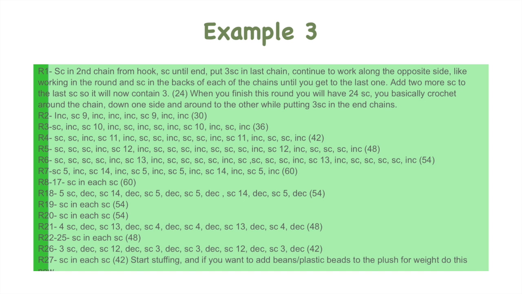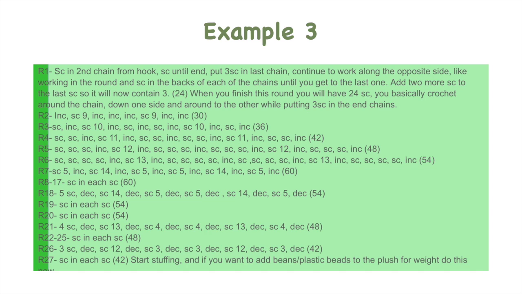This third example is a pattern that I actually made at one point, and it was quite confusing just because of the way it was written. Not like there's anything wrong with the way it was written, but as you can see, sometimes they would use the number like single crochet 9, and sometimes they would just go increase, increase, increase, or single crochet, increase, instead of just saying when the pattern repeats and when it doesn't.